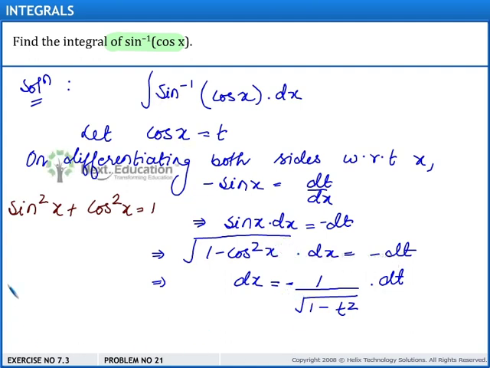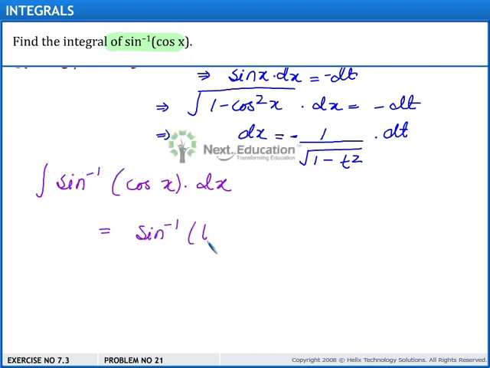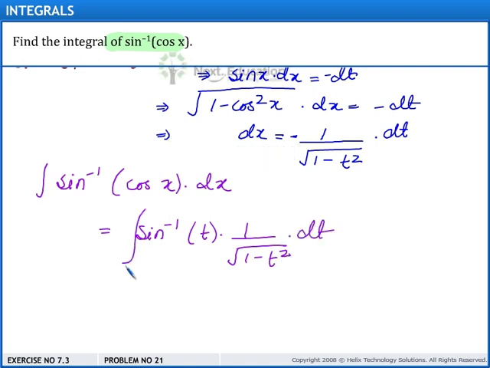So here the integral of sine inverse cos x into dx can be written as sine inverse t into 1 divided by square root of 1 minus t square into dt, and taking minus outside the integral sign.